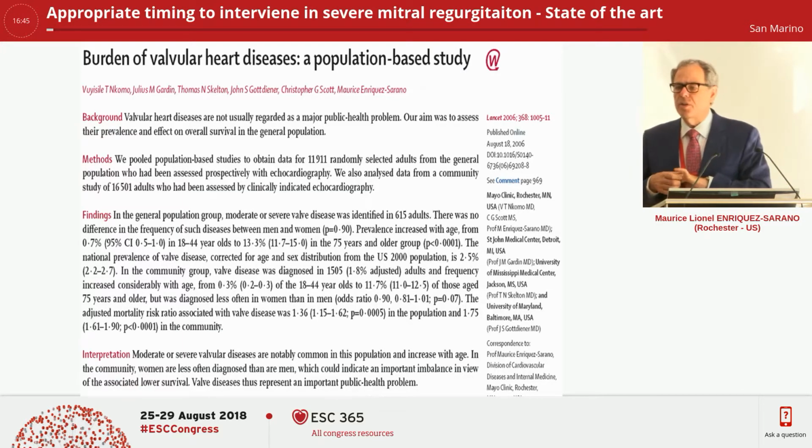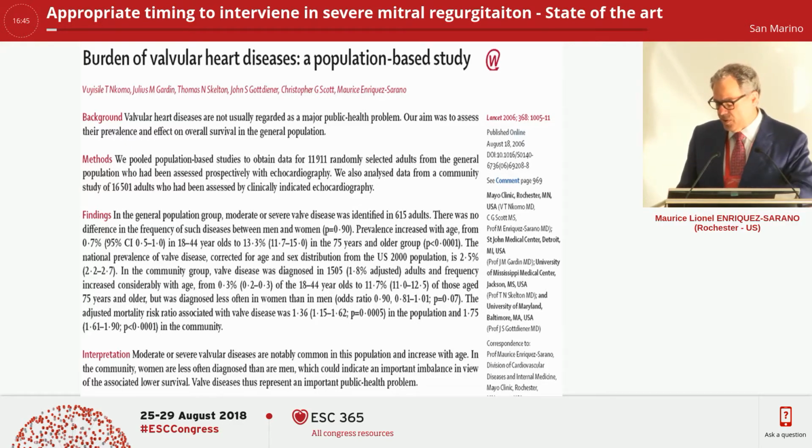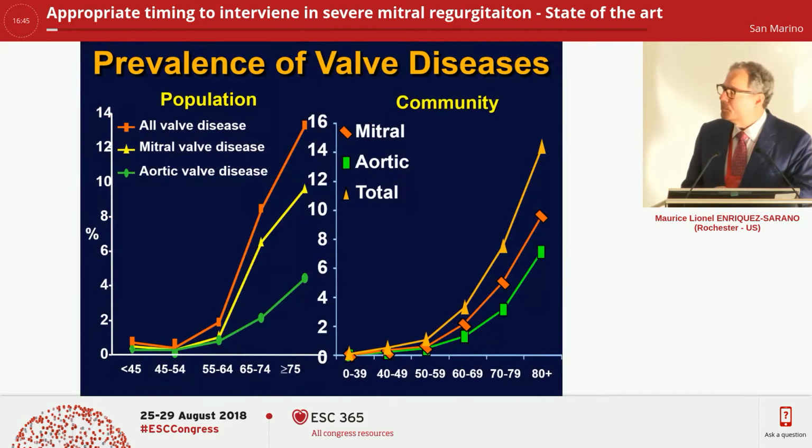Why we're interested in mitral regurgitation is about the prevalence of disease. If you look at this one on the right side, it's the prevalence in the community, and the orange curve is the curve of mitral valve disease.